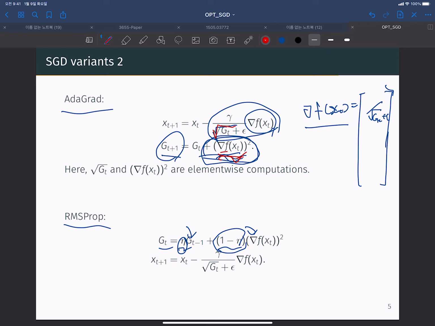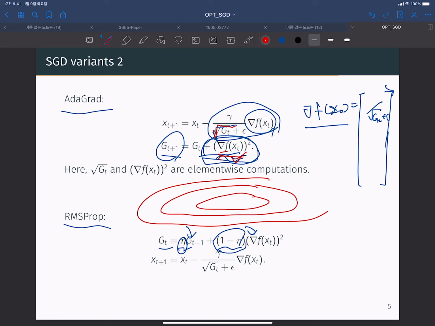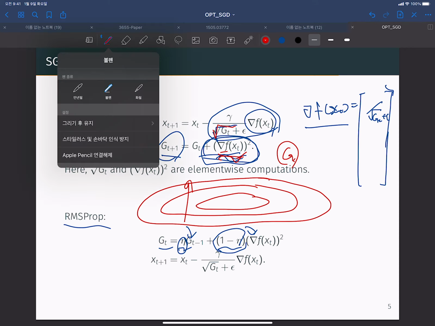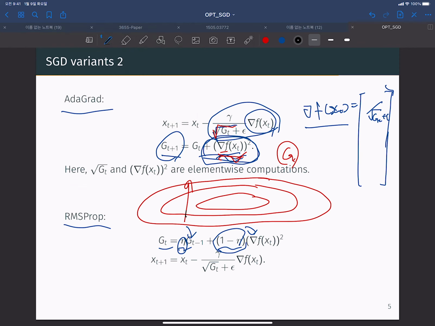Okay, and again, let's consider this kind of contour of your loss function value. In this direction, your g vector has a very high value because your zigzag trajectory will have a very high partial derivative in this direction, but a very low partial derivative in that direction.